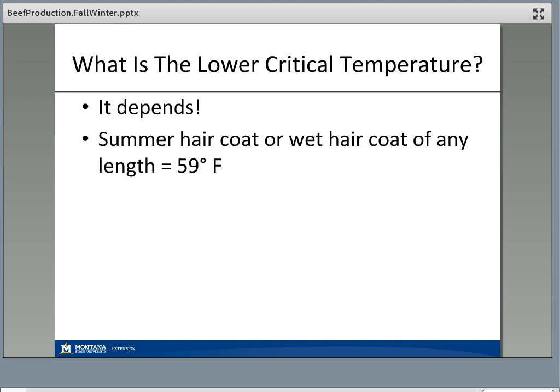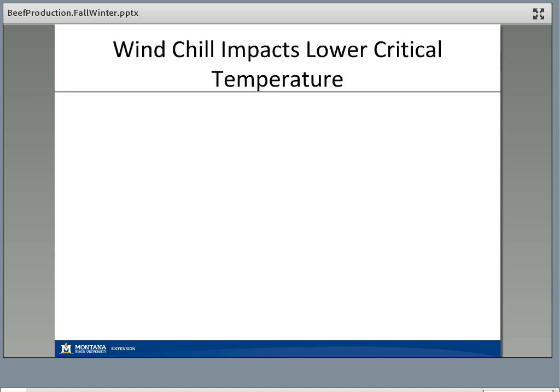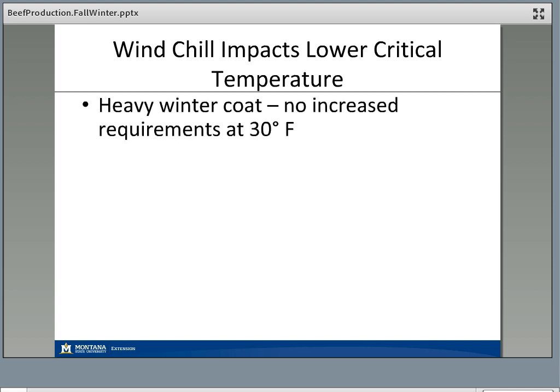So as you might expect, wind chill does impact the lower critical temperature. So if we have a heavy winter hair coat, then we're at 30 degrees. We don't have any increased requirements. She's able to maintain her body temperature with no extra oomph. If we add a 20-mile-an-hour wind to that 30 degrees, then the effective temperature is now 17 degrees, right at the lower critical temperature.